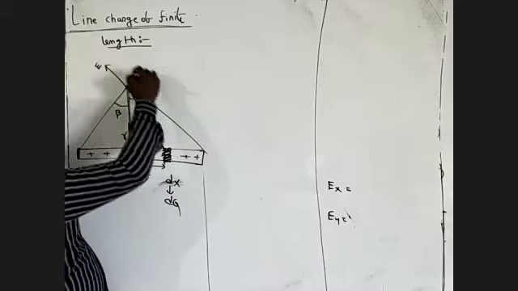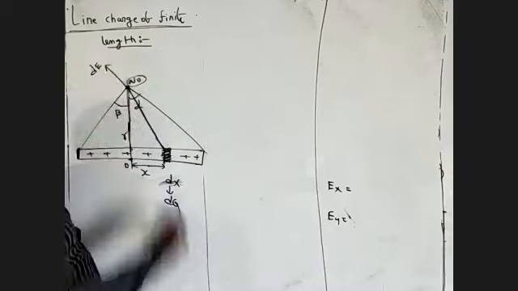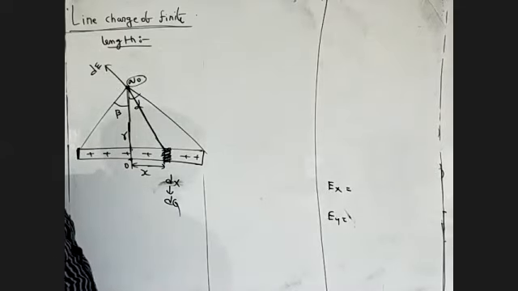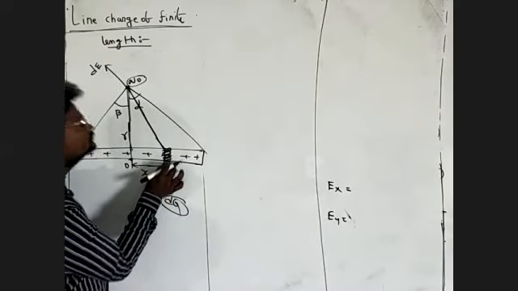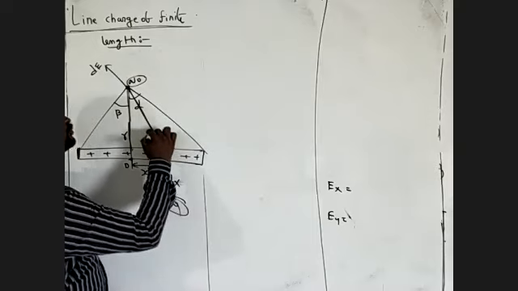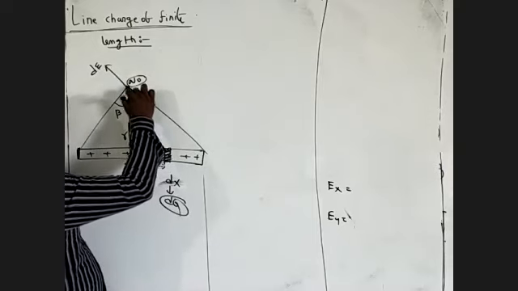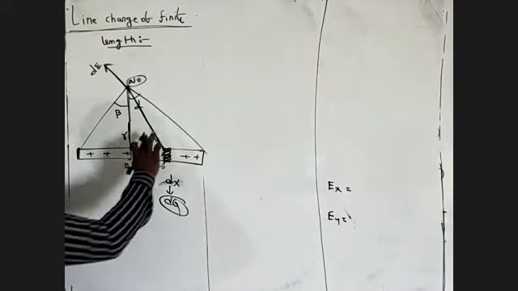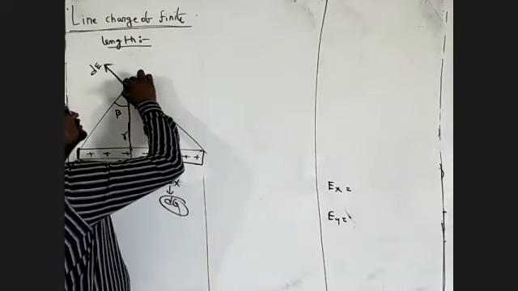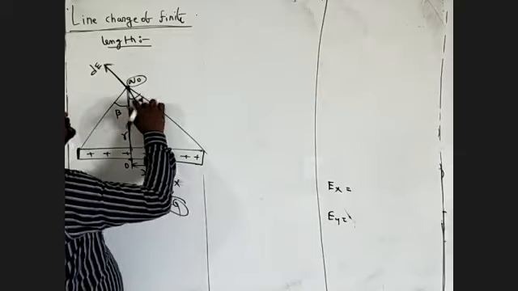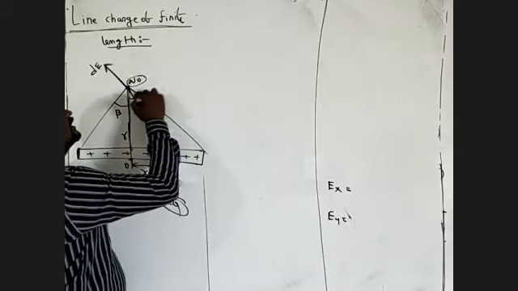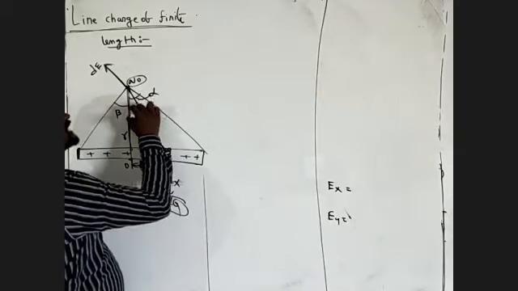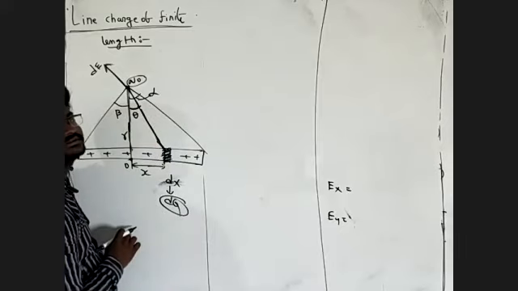This is the small electric field dE. The positive q naught repels in this direction. Here is the angle alpha. From here to here the angle is theta.